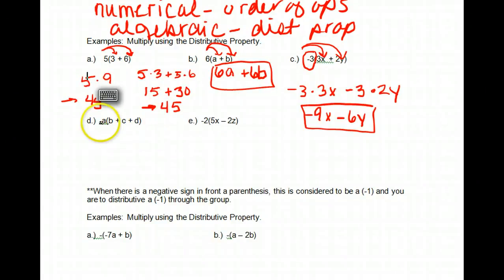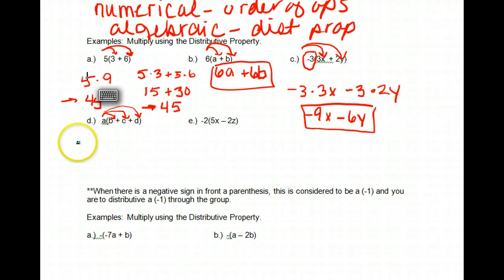Okay, at this point, everybody should have completed examples D and E. For example D, you will notice that you cannot combine b plus c plus d because they are not like terms. So in order to simplify this expression, we must use the distributive property where we are going to distribute the a to each one of those terms.